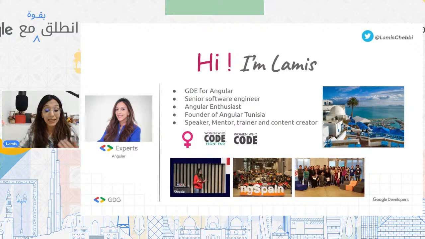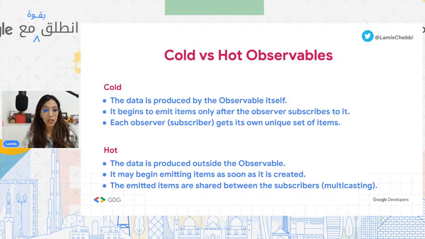I also want to shed some light on the cold and hot observables we saw last time, because we will need this concept today. Let me remind you of the difference. With cold observables, the data is produced by the observable itself. With hot, the data is produced outside the observable. With the cold one, you begin to emit values after the subscription.